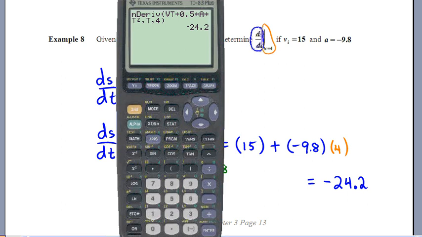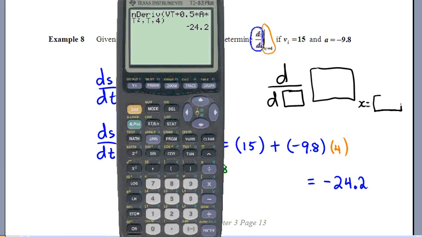Now, if you have a TI-84, slightly nicer notation, right? It's going to say D, and then D, and then there's a box, and then a big box here, and then there's going to be an X equals, and then another box.